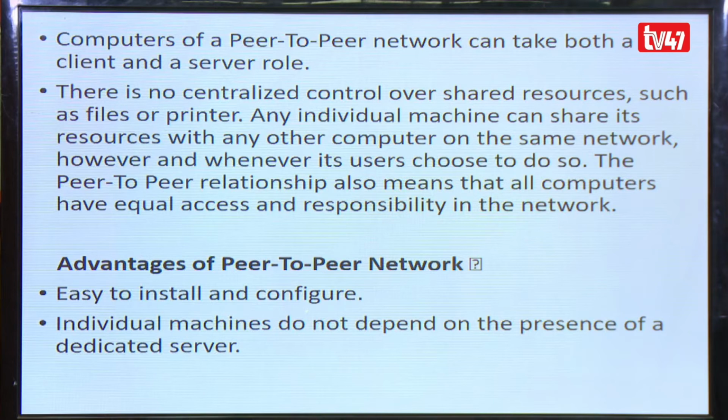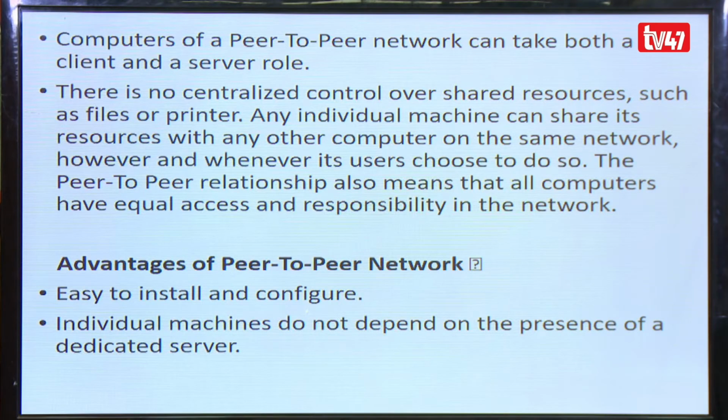So what do we mean by that? We can say that computers of a peer-to-peer network can take both a client and a server role. It means that there is no centralized control over shared resources such as files or printers. Any computer can take up the role of a server or the role of a client.